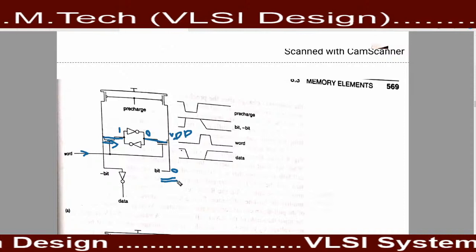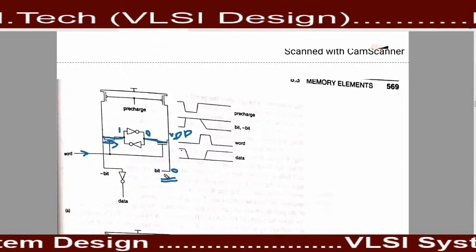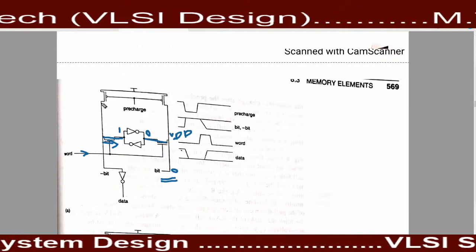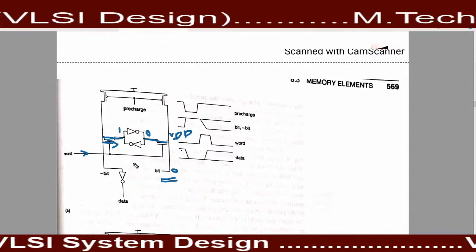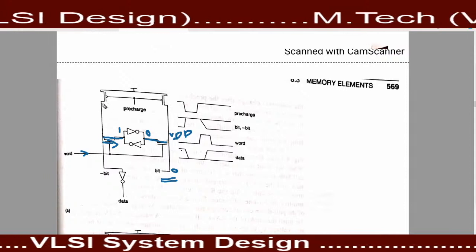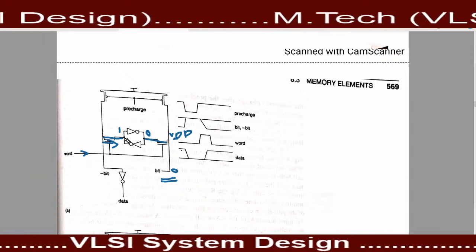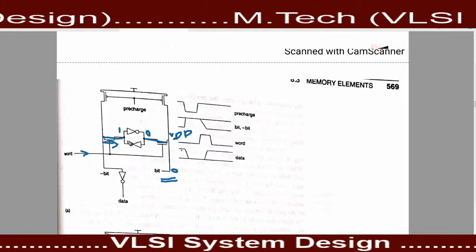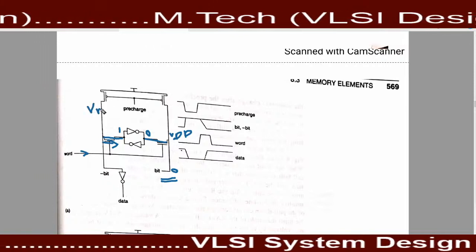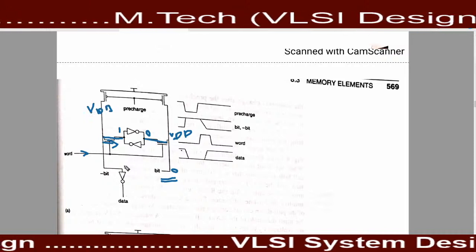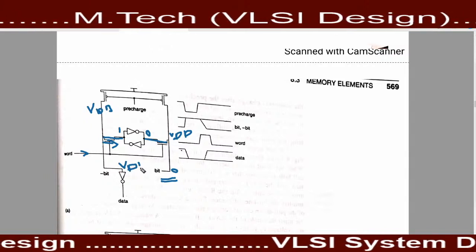You can read the data from this terminal also, because when the potential of this side and this side is equal, no current is flowing from here, so no voltage dissipation occurs. So if VDD is presented here, in this terminal the same VDD is presented.